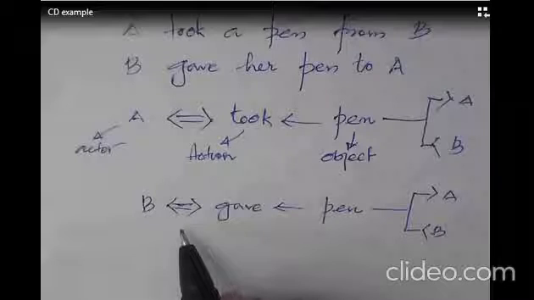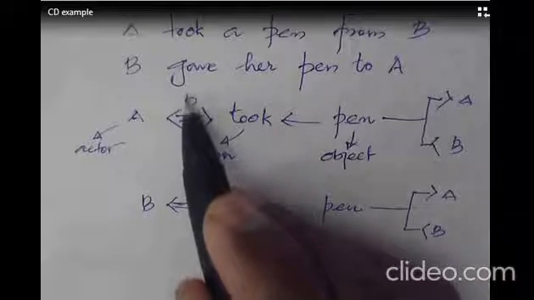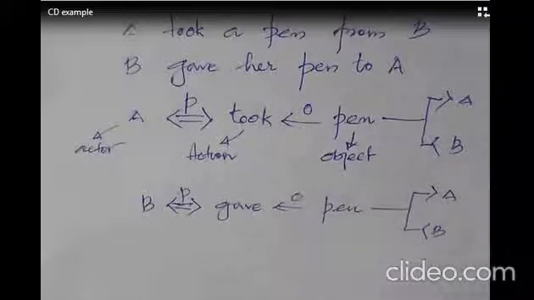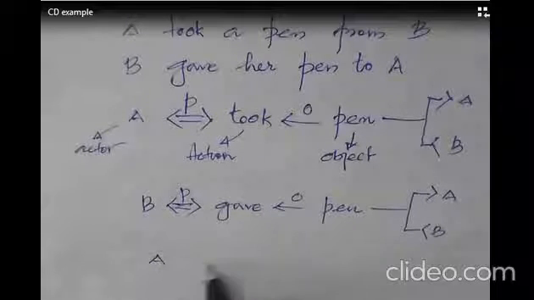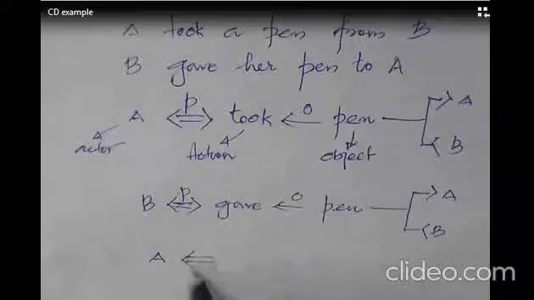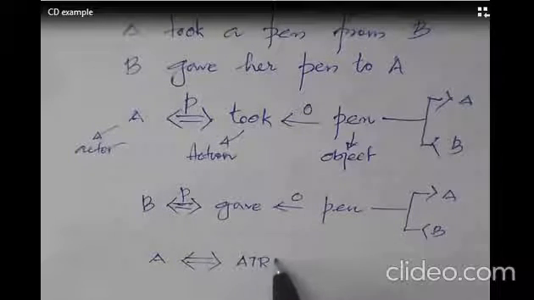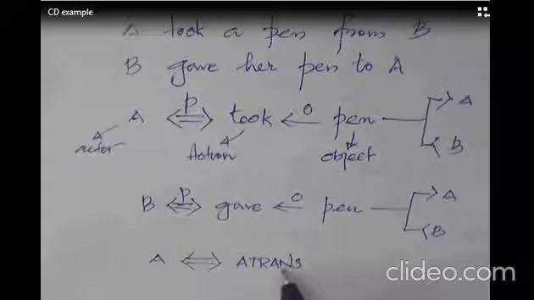Dependent direction is shown by the arrowheads. So we can represent these 2 structures as a single form, like say we can represent the past tense as P and object as O along with the arrow. Then we can write A double arrow, and we can use A trans for movement of the object.